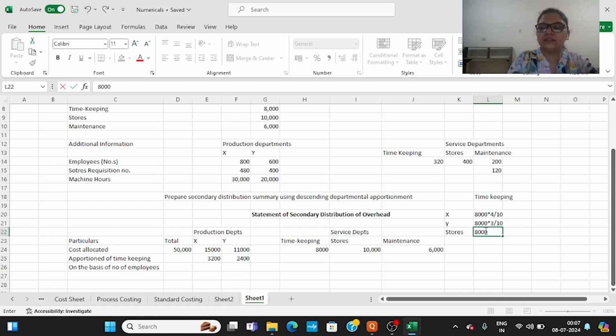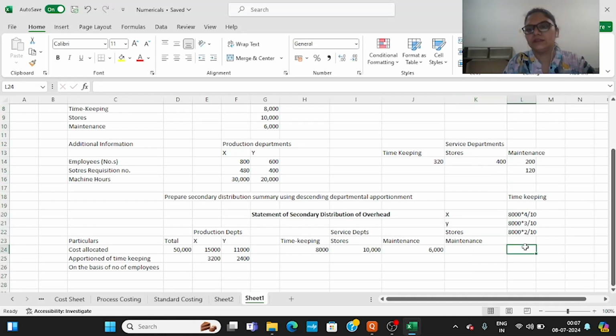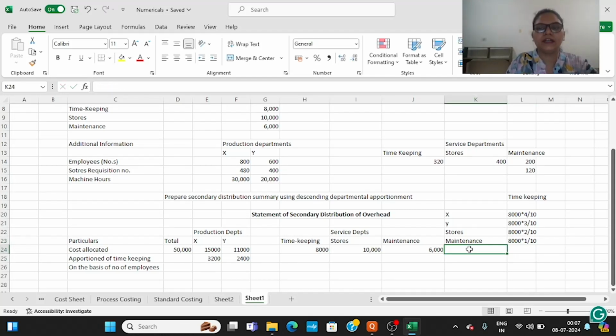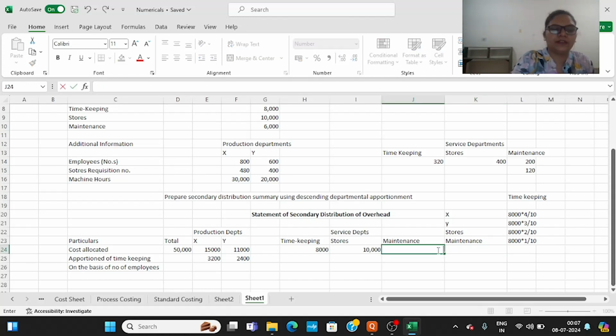So 8,000 into 2 divided by 10, it will be 1,600. And then maintenance department, it will be 8,000 into 1 divided by 10. It will be 800.